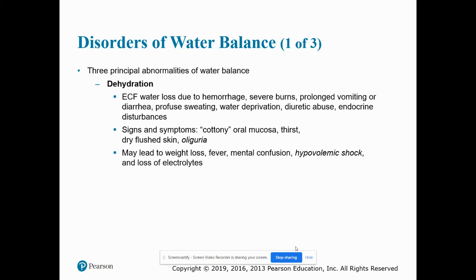Signs and symptoms include a cottony oral mucosa, being thirsty, having dry flushed skin, and this may lead to weight loss, fever, mental confusion, hypovolemic shock. That's where the blood volume gets so low that the heart can't efficiently pump enough blood to the tissues, and loss of electrolytes.